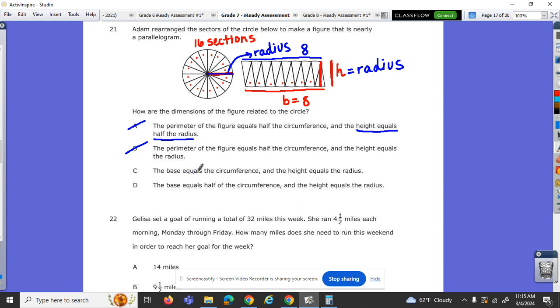It says the base equals the circumference and the height equals the radius. The base equals the circumference would not be correct, because remember, the circumference all the way around is 16. So that would not be correct.